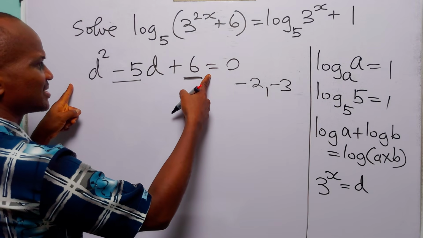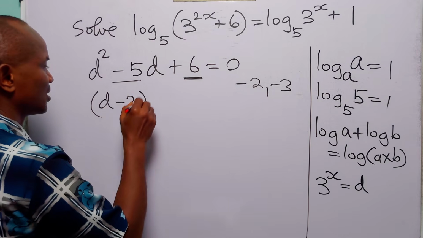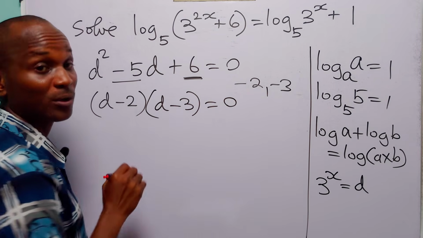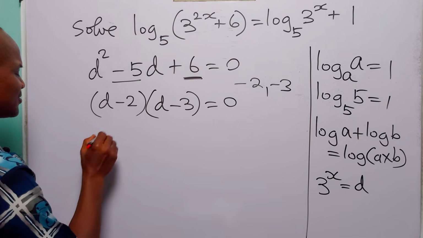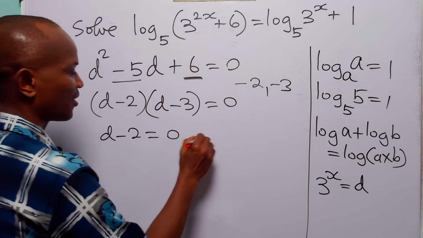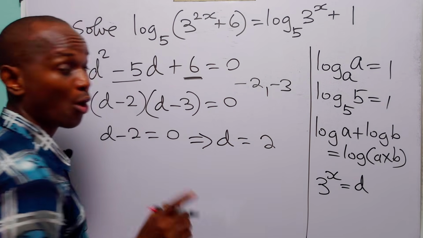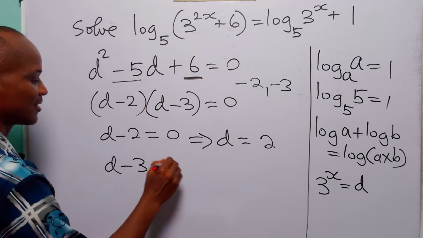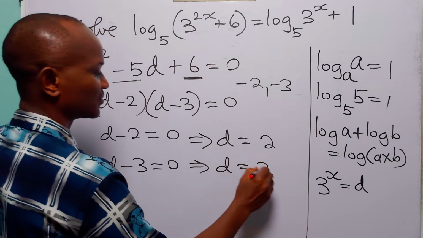So when we factorize this left-hand side, we have d minus 2 multiplied by d minus 3 is equal to 0. And of course, from here, it is easy to see that either d minus 2 is equal to 0, from where d is equal to 2, or d minus 3 is equal to 0, from where d is equal to 3.